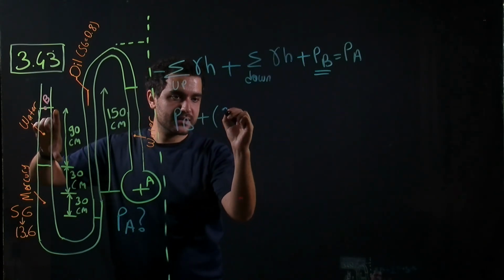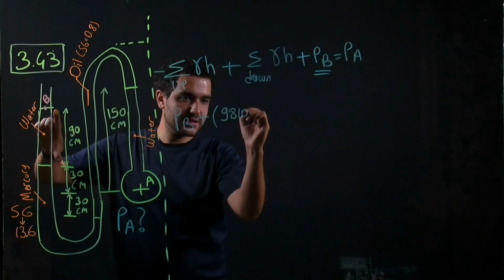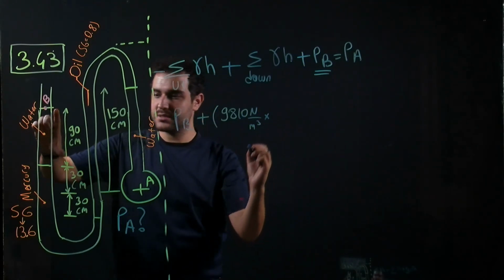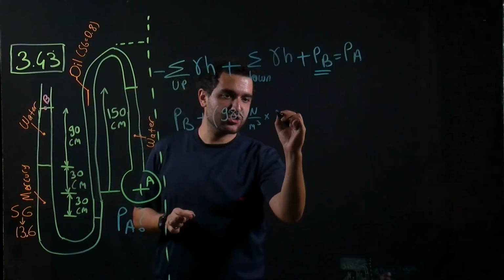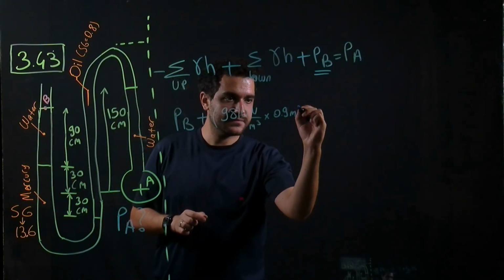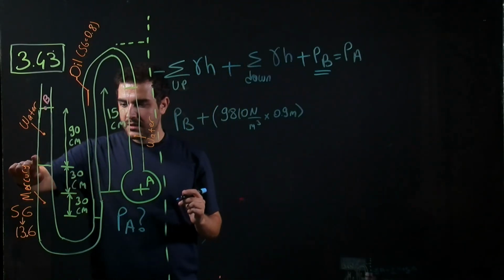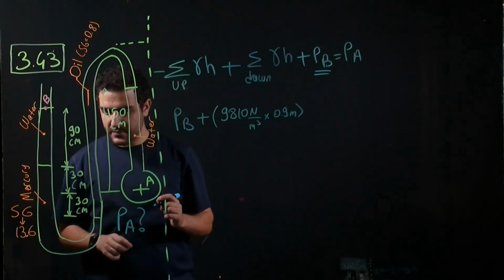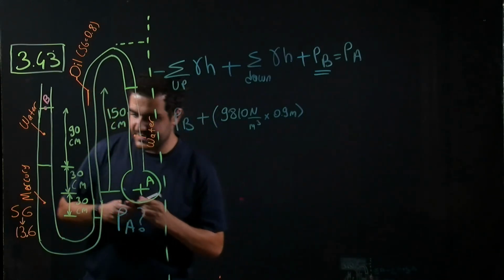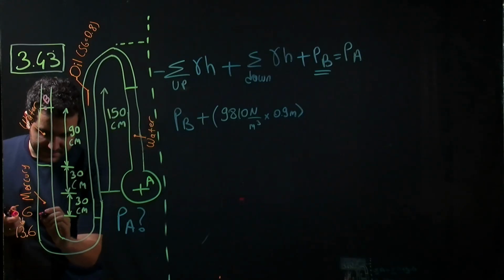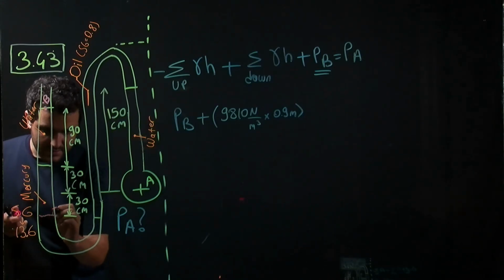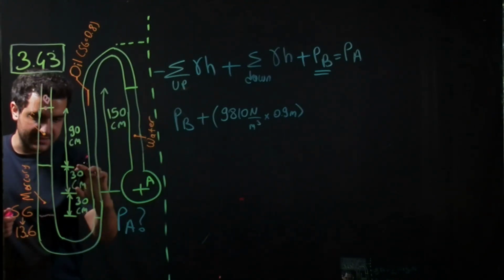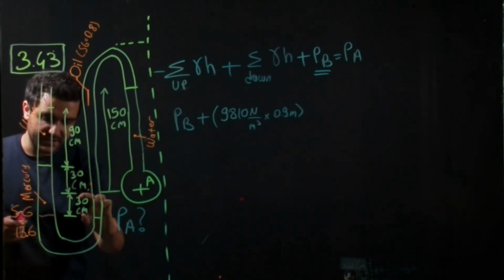So specific weight is 9,810 Newton per cubic meter times the height, which is 0.9 meter. And then we are going to the next one. Here we can take this point, because we don't need to calculate for these 30 centimeter sections separately.